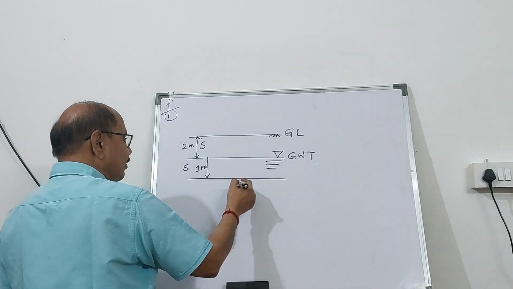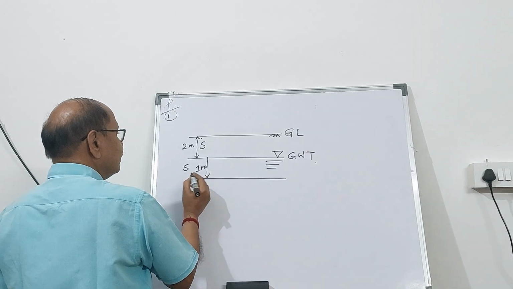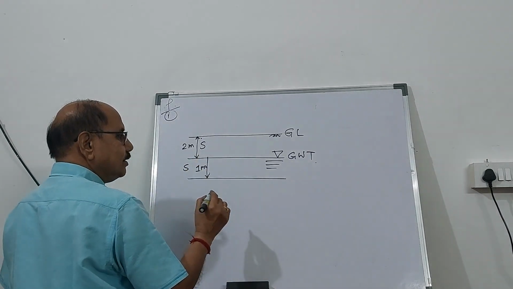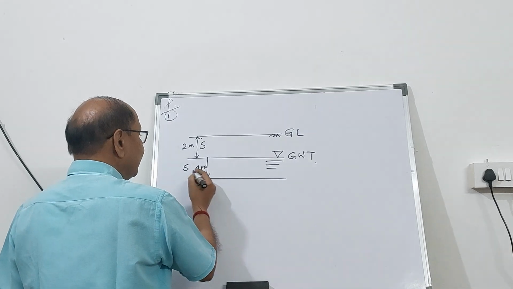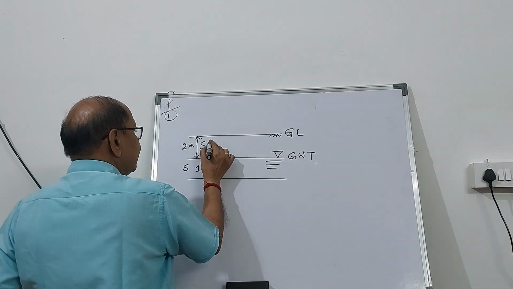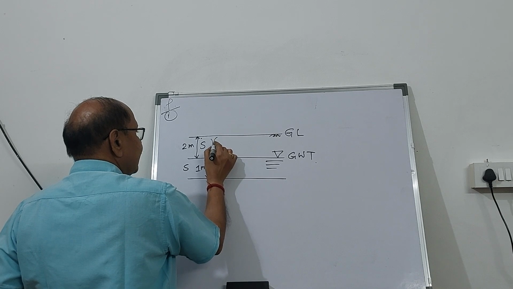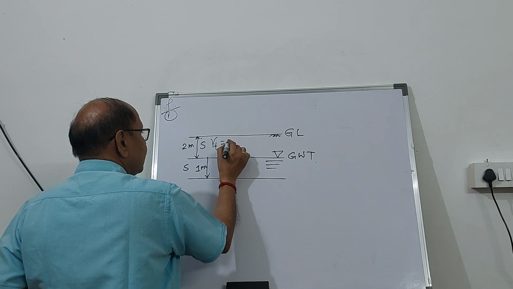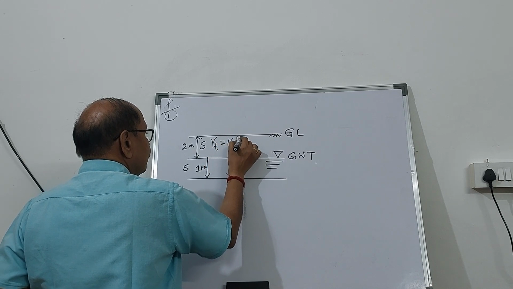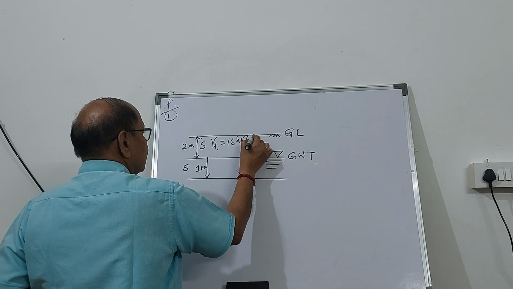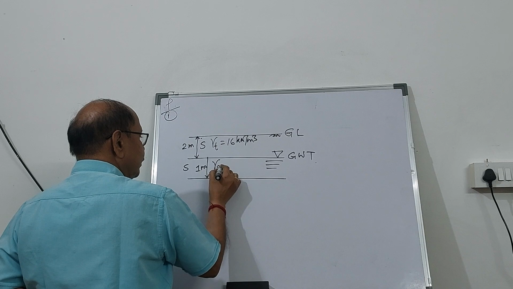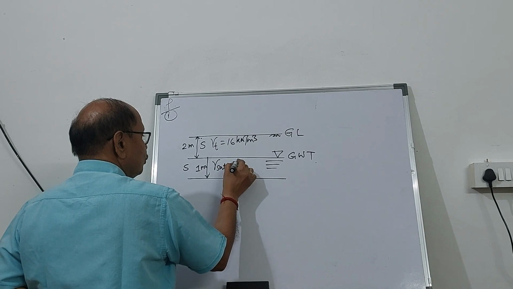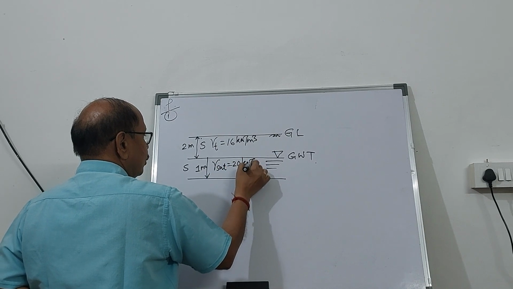So from ground level up to 3 meter, it is going to be sand. The unit weight above the groundwater table is 16 kilonewton per cubic meter, and below the groundwater table the saturated unit weight is 20 kilonewton per cubic meter.